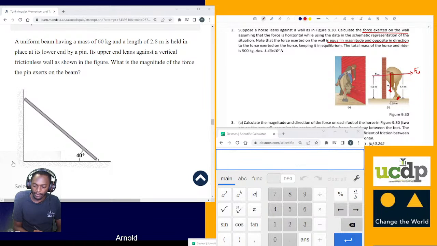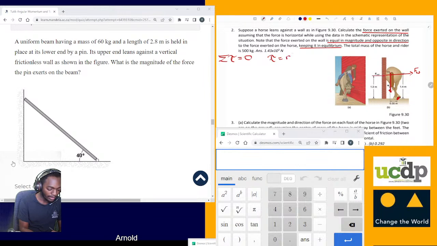We should remember when taking moments that the sum of moments, or the torque, should be equal to 0 for a system in equilibrium. And we're told that this situation is in equilibrium. We should also remember that torque is equal to r F sine theta. This is just a reminder as we are starting.